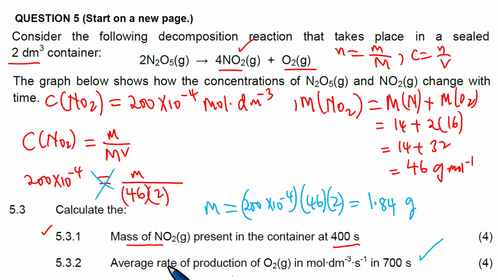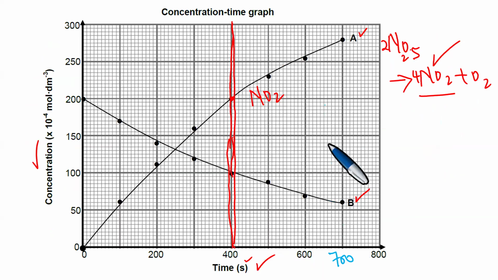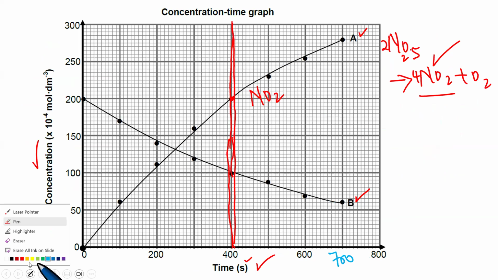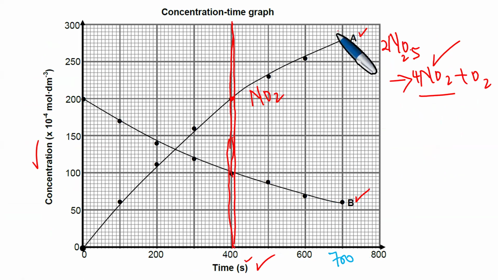We need the average rate of production of oxygen. Which graph will be relevant for the production of oxygen? One of the graphs here shows a decrease in concentration.